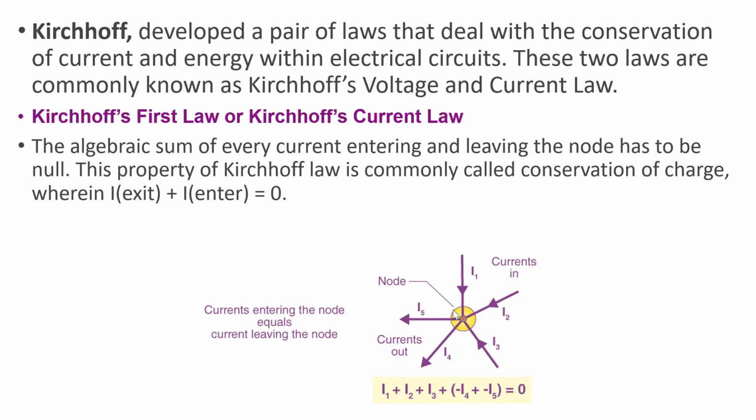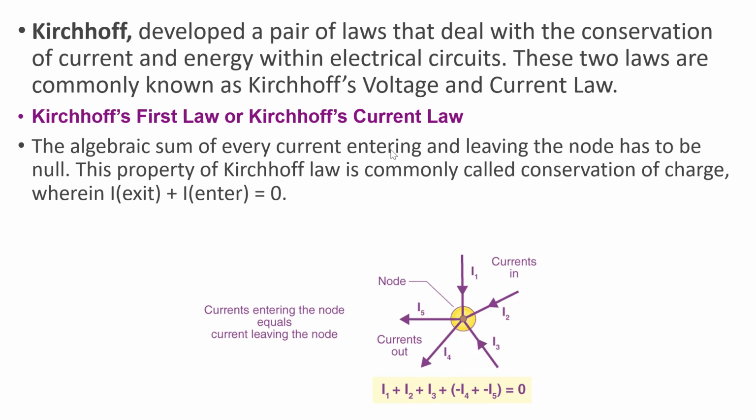We see this diagram. In this diagram, this is the node point. The current entering is the current coming inside. And when the current is moving out, that is exit, that is leaving from the junction. From this diagram, I1 is entering towards the node. And I4 is going away from the node.